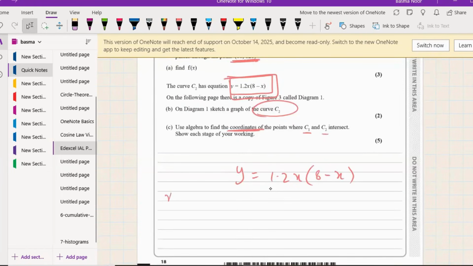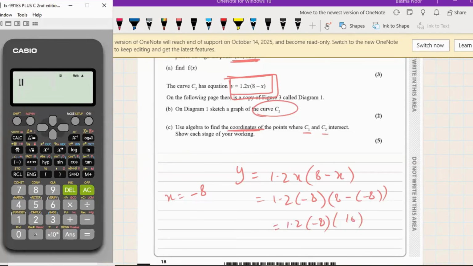One of your x values was negative 8, you will replace x with negative 8 here. So 8 minus negative 8 gives you 16, and times negative 8 times 1.2. I'll just put it in the calculator. Negative 8 times 16 times 1.2, that is negative 153.6.